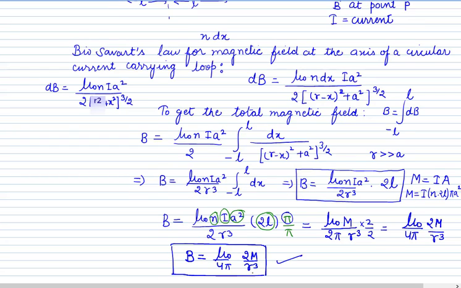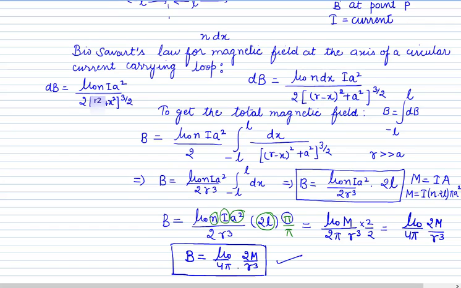And this also has a similarity with the electric dipole. On the axis, it is 1 upon 4 pi epsilon naught, 2p upon r cube. That is very much similar. So if you remember that formula for the electric dipole, you can easily remember it for the magnetic dipole. So both are similar. And there is one more thing: this equation also holds true for the magnetic field of a bar magnet on the far axis.